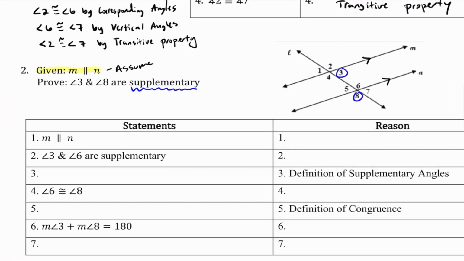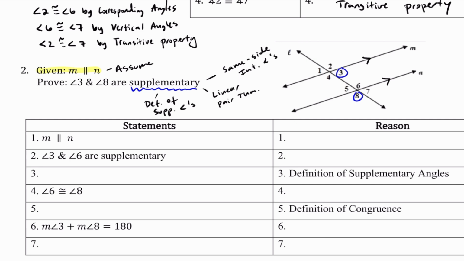So I'm going to make some notes here under the word supplementary. This could involve the definition of supplementary angles. This could involve the linear pair theorem. And this could involve the same side interior angles theorem.